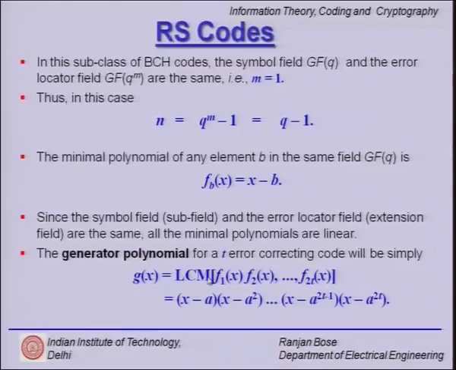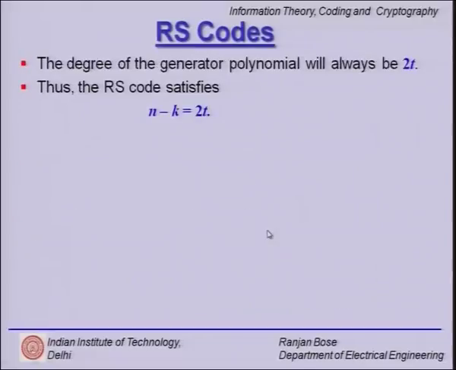We have seen this general formulation for BCH codes, but these are nothing but just (x minus alpha), (x minus alpha squared), up to (x minus alpha^2t). So, we really do not have to work hard to find the minimal polynomials, neither do we have to find the LCM, because none of them repeat, and it quickly yields the g(x) for Reed-Solomon codes.